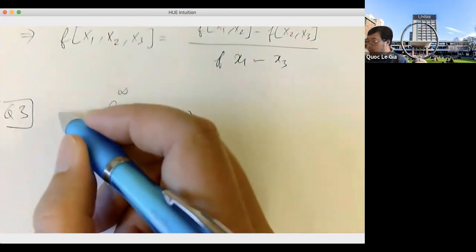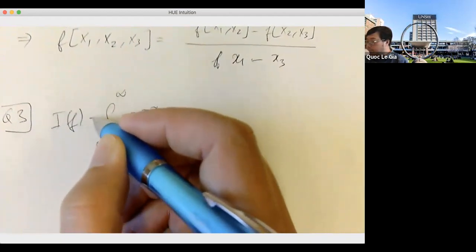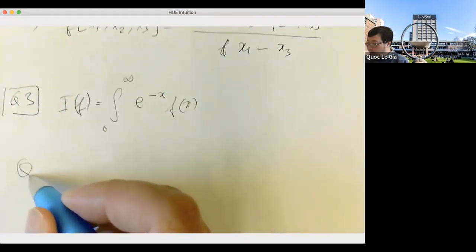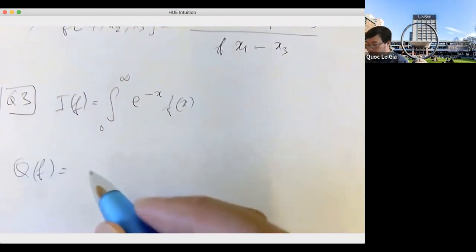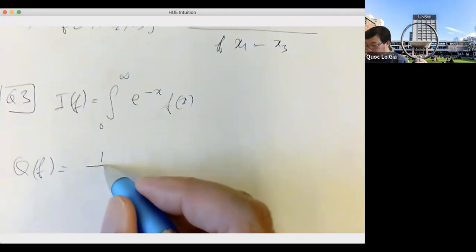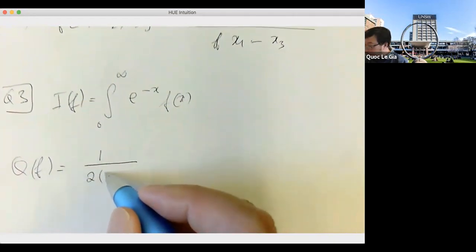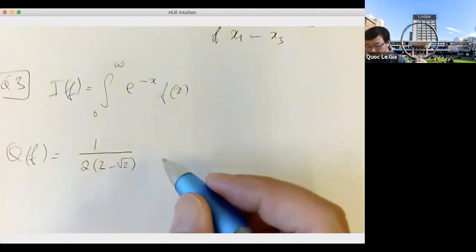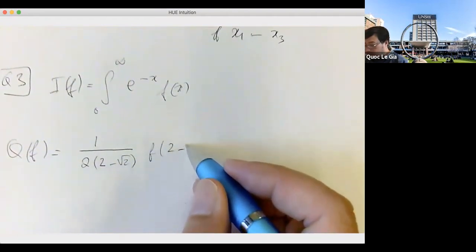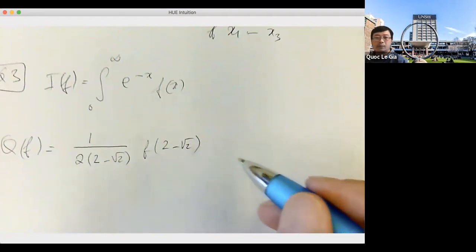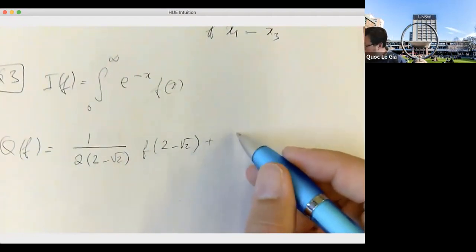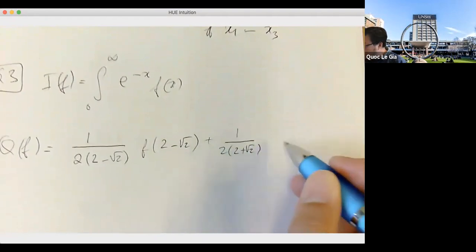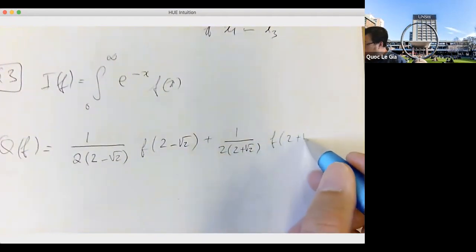So this is the exact integral. And the quadrature will be given by this formula: 1 over 2 minus root 2 f of 2 minus root 2 plus 1 over 2 plus root 2 f of 2 plus root 2.